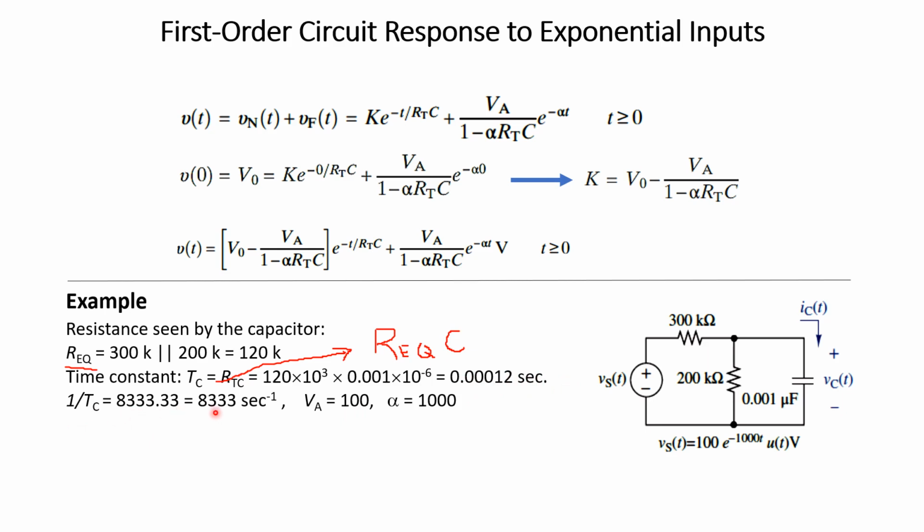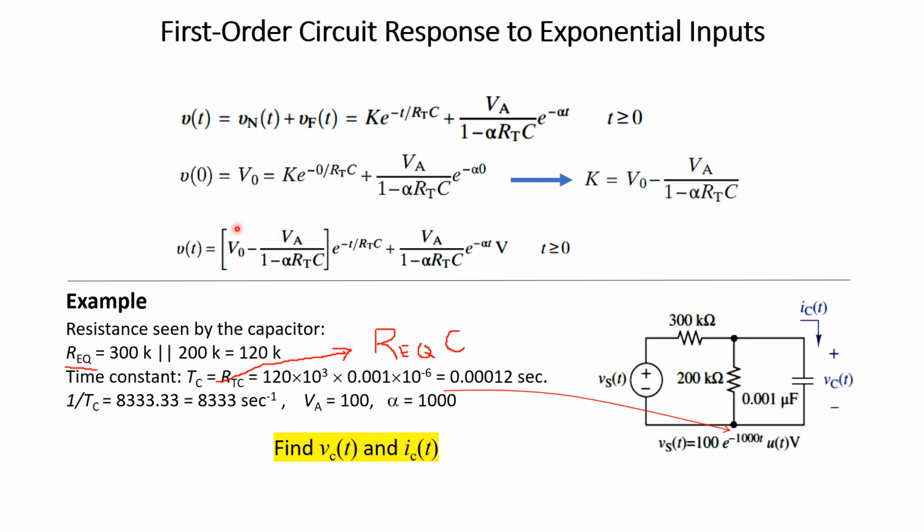So 1 over Tc is over here, and VA is 100, as this is VA e to the minus alpha t, and alpha is 1000. Now you should be able to find the capacitor voltage and capacitor current.